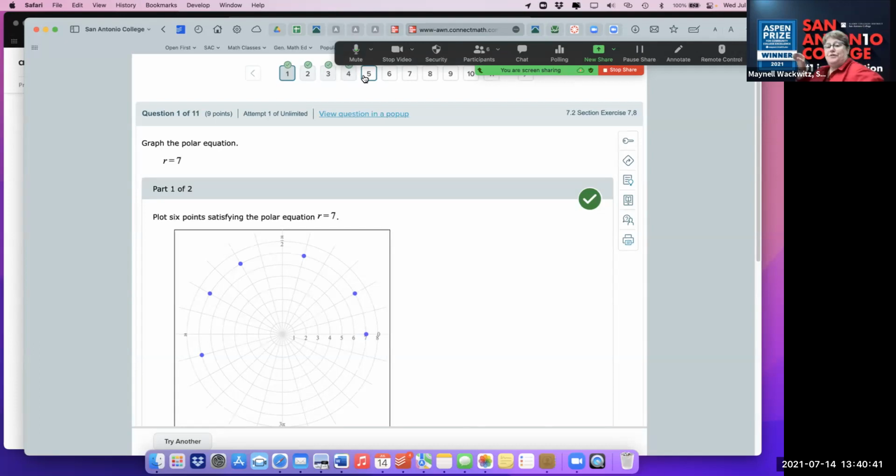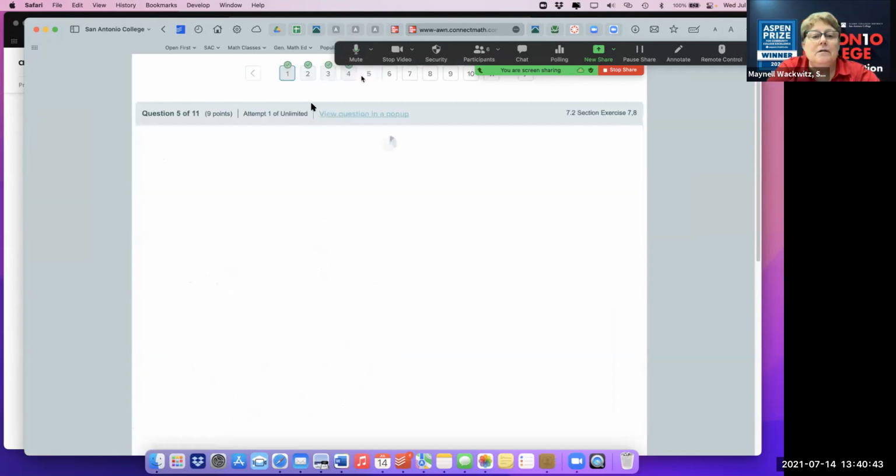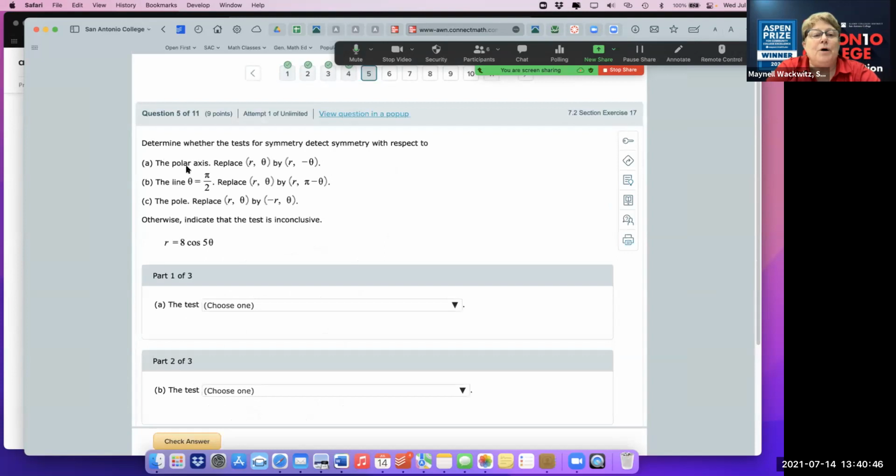So it is symmetric with respect to the polar axis. The polar axis starts at the center and goes out like the positive x-axis.